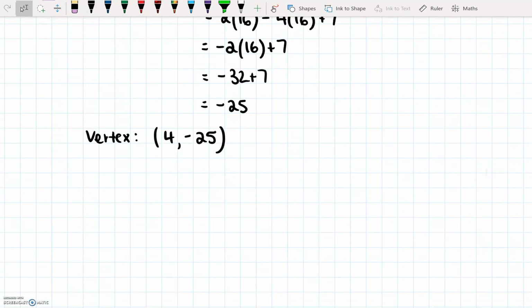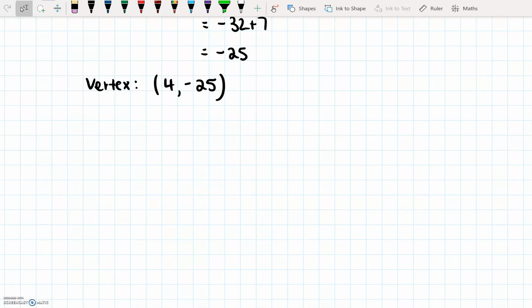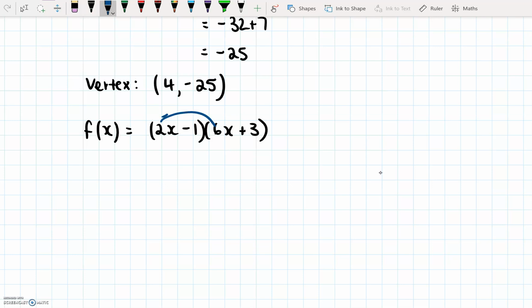Okay, sometimes you'll get a parabola that's in a different format. For example, you might get f(x) is (2x - 1)(6x + 3), and we want to know the vertex of this one. Well, if you get the quadratic formula in this form, then what you first will need to do is expand your brackets.